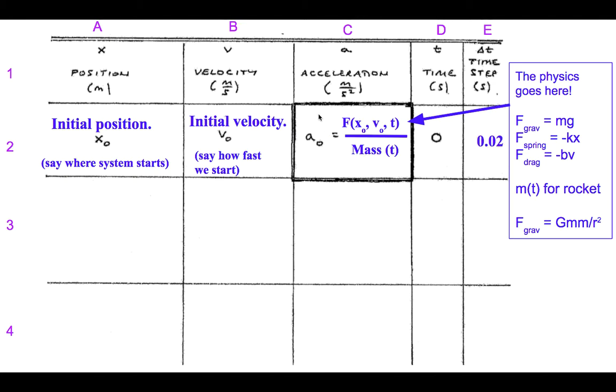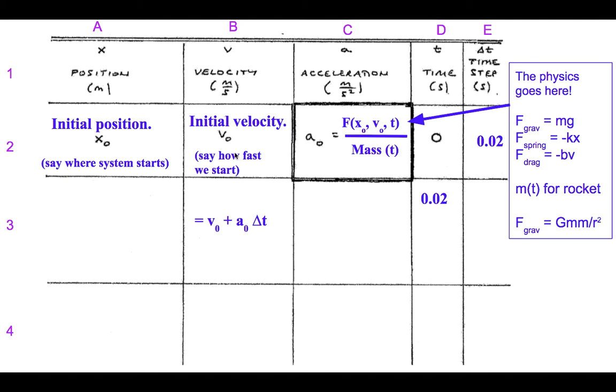Then what you do is define a time step, like let a little wiggle in time go by, right? So after, say, 2/100ths of a second go by, I'm just making up that amount of time, what we need to do is then update: after that amount of time goes by, how fast is the thing moving and where is it? Well, the scheme here is you pretend that this acceleration is actually constant over that next 2/100ths of a second.